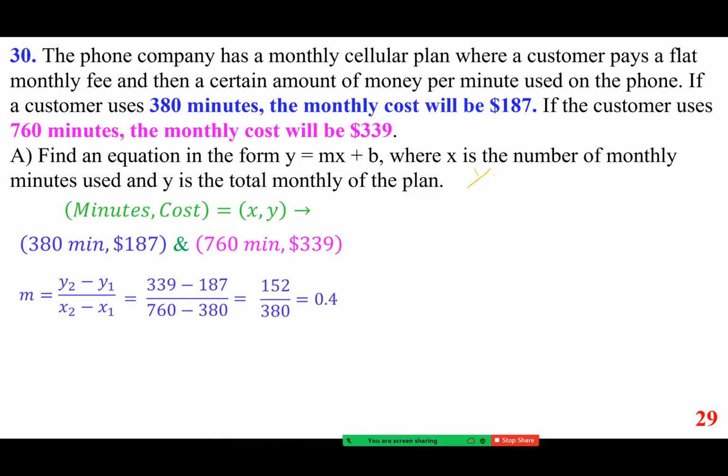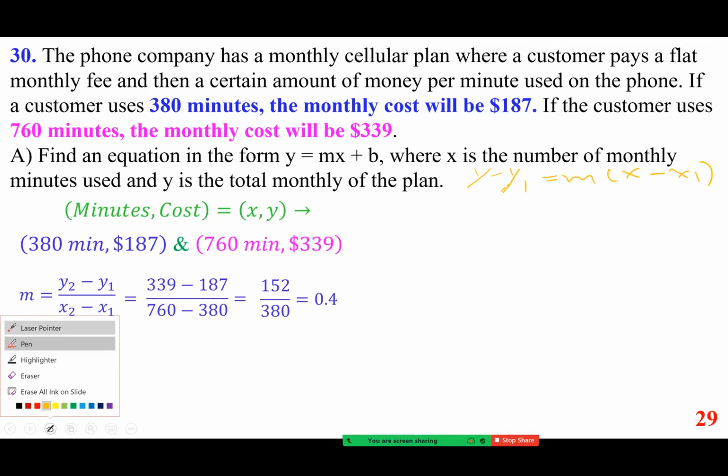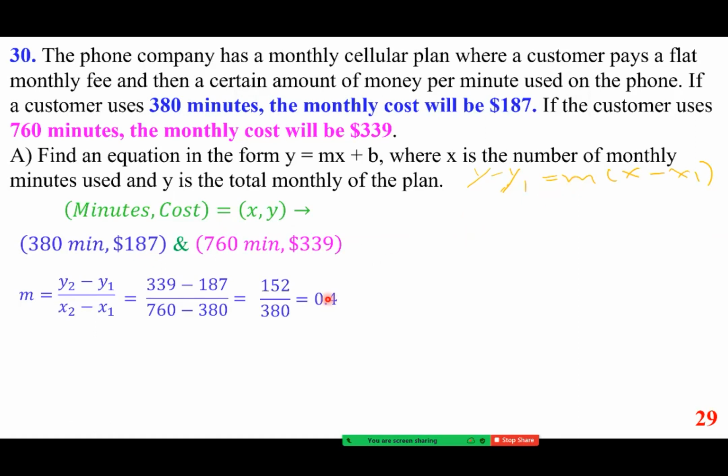And everybody remembers the point-slope form: y minus y1 equals m times x minus x sub 1. So we're going to write c minus c sub 1, and you use one of those pairs. For example, c minus 187 equals m, 0.4, times x minus x sub 1, x minus 380.